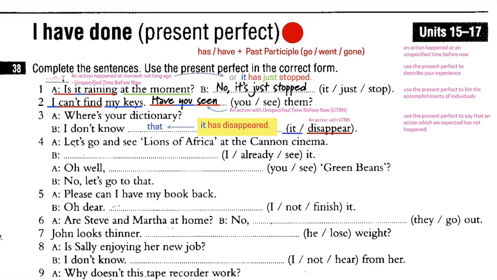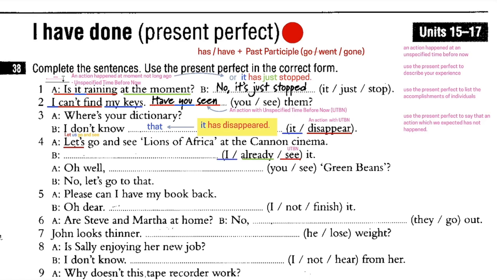Alright, good. Next one. Let's go and see Lions of Africa at the Canon Cinema. The word "let's" is actually a short form of "let us go and see". And you can tell the main word is "see" and the word "already" is another sign of an action with UTBN, unspecific time before now.